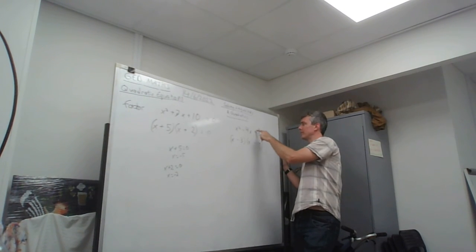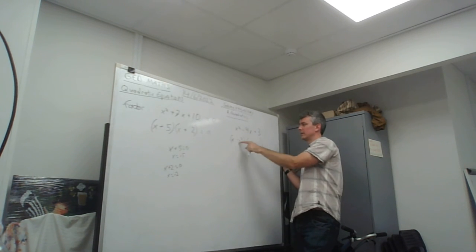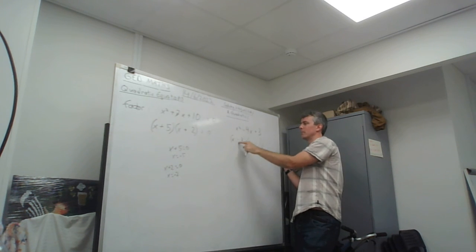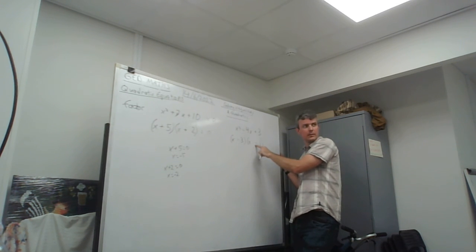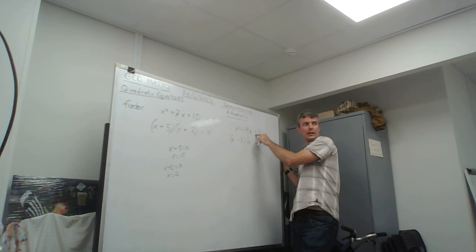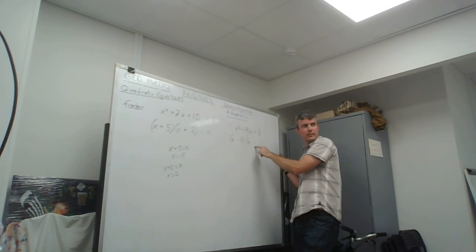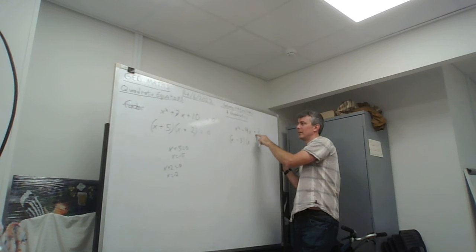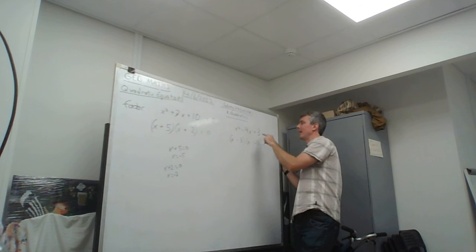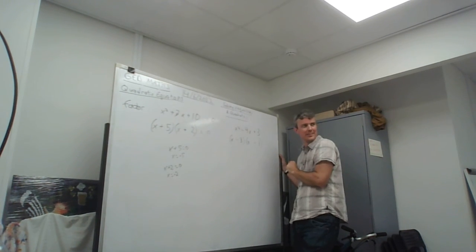If you have a positive here and a negative here, they're both going to be negative. Otherwise, if one of them was positive and one was negative, this would be negative. If you have a positive here and a positive here, they're both positive. If you have a negative here and a positive here, then one's negative and one's positive.